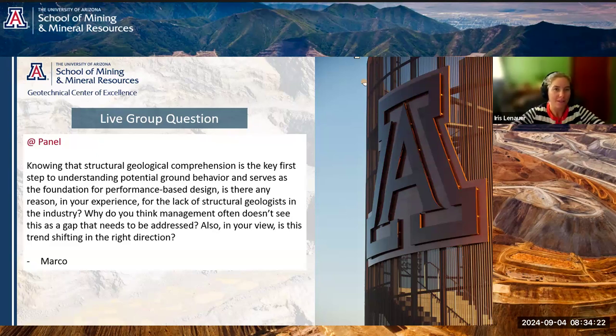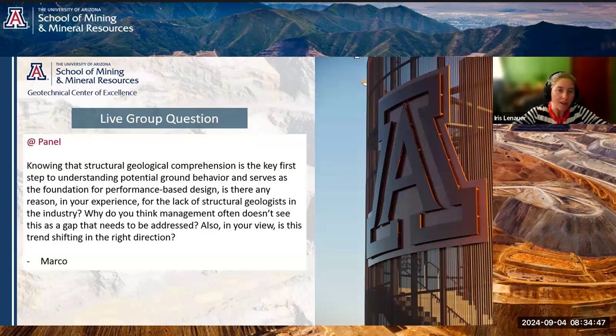Tough one. I think it's not just in the industry. Even though we have a lot of structural geologists right here in this panel right now, there's not that many structural geologists out there. And between academia and consulting, there's not too many spaces left over for structural geologists working in the industry.